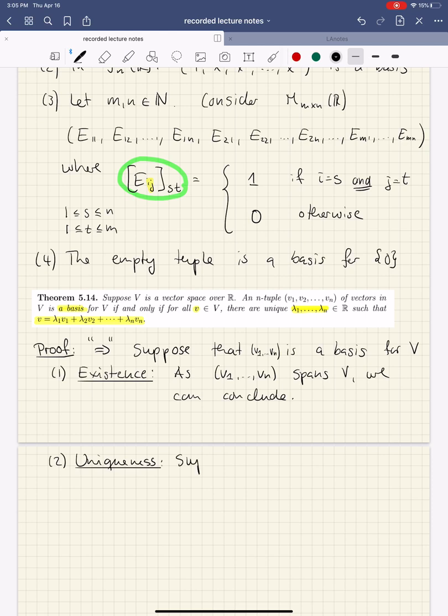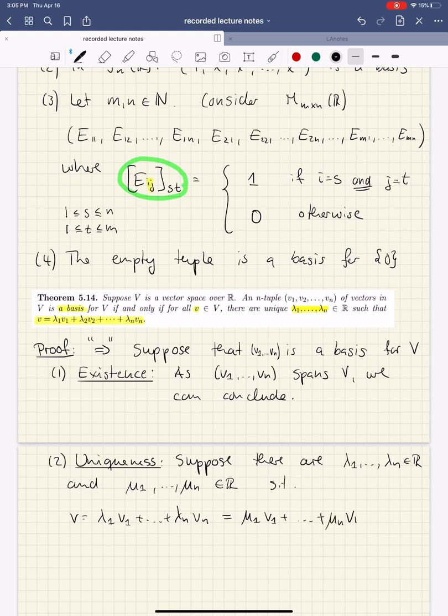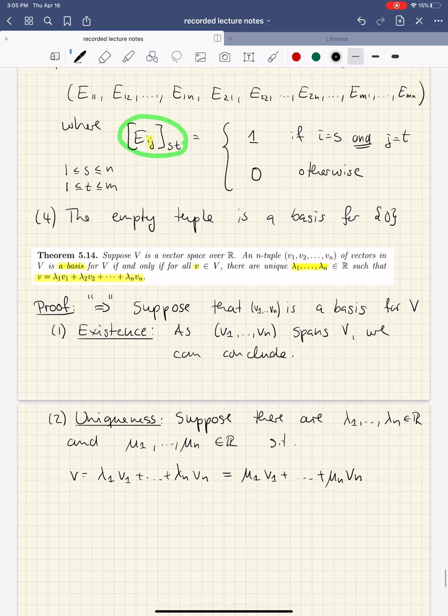So suppose there are lambda 1 through lambda n and mu 1 through mu n, all of these living in R, such that I can write v as this linear combination of v1 through vn with the lambdas, and also with these mus.